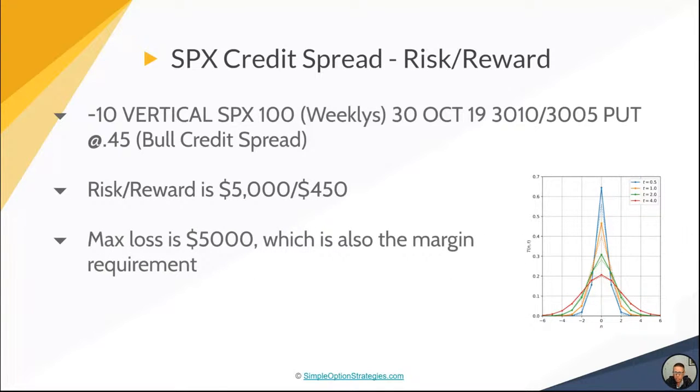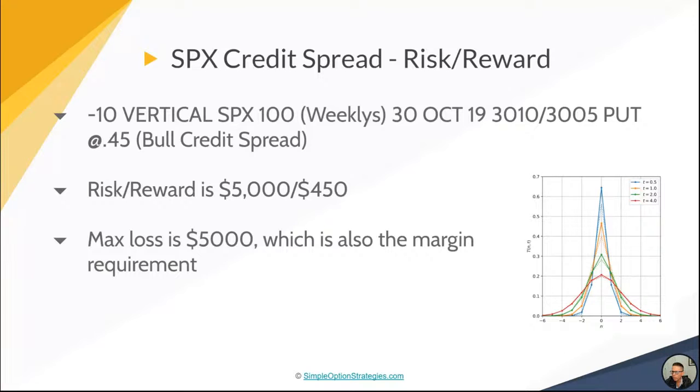So the max loss in this is $5,000 minus the $450, and that's also the margin requirement. It's 10 contracts that you're putting on, and the margin is $1,000 per contract because it's 10 wide.